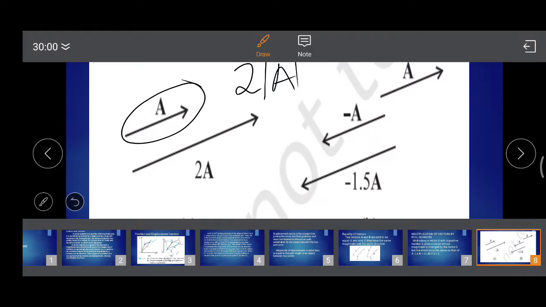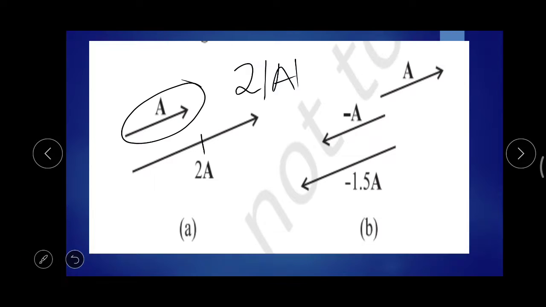The length of the line of a vector denotes its magnitude. The direction of both the vectors is the same.